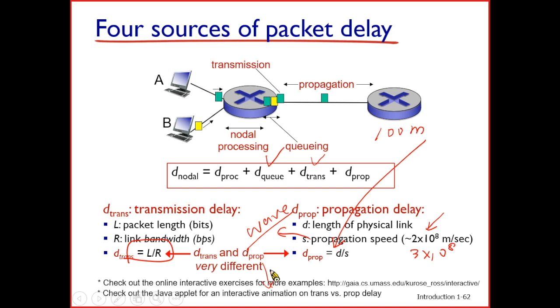Why? Transmission delay is the time you need to put the packet from the output link onto the transmission line. How long do you need to move it from the output link to the transmission link? This is the time, and it depends on the length of the packet and the capacity, so using the ratio you will find this.